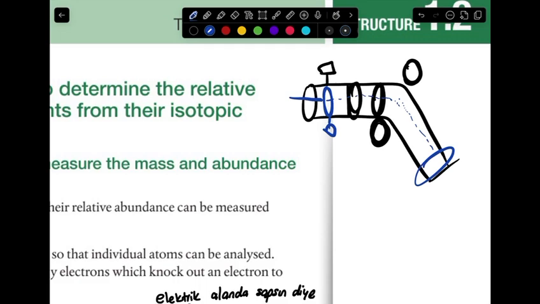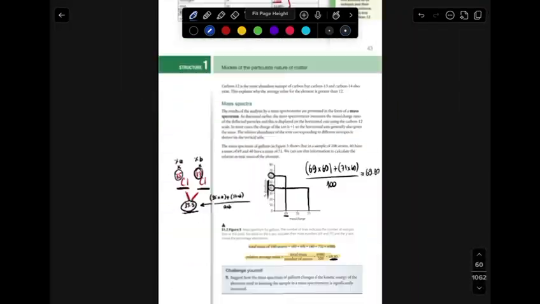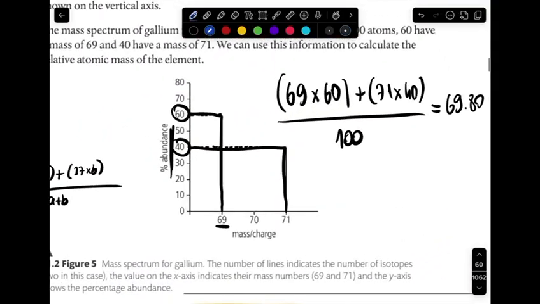So the key idea is that the amount of deflection is inversely proportional to the mass to charge ratio. This means that lighter ions are deflected more, heavier ions are deflected less, and ions with higher charge are deflected more. The mass spectrometer produces a mass spectrum, and through this mass spectrum we can form this graph, which I explained previously.